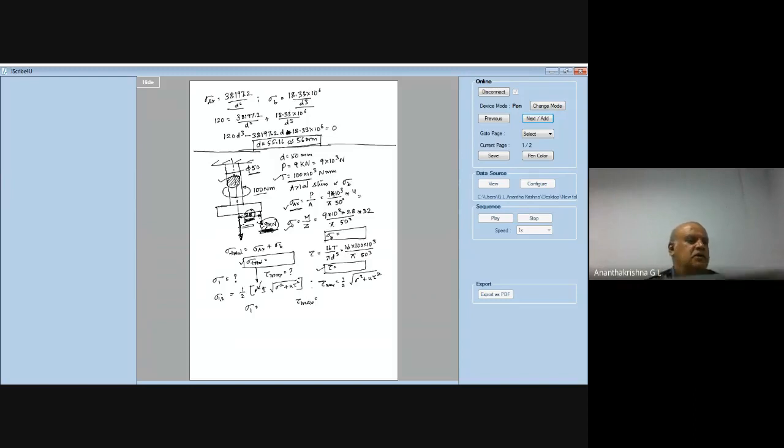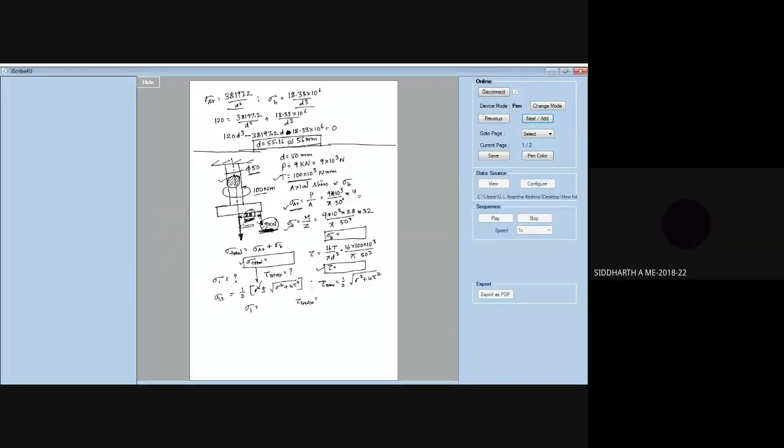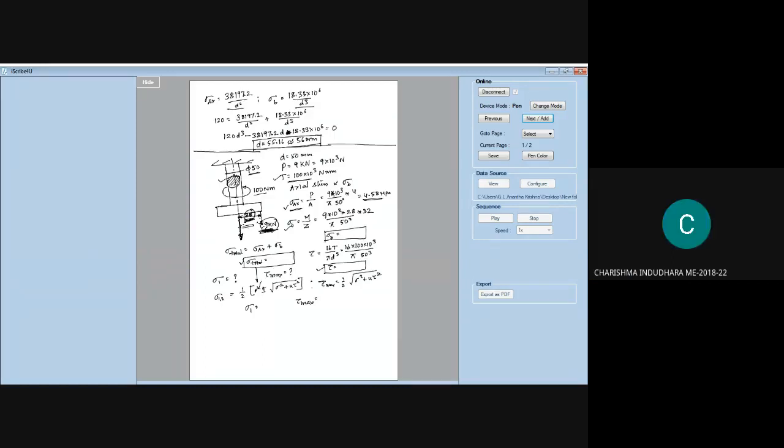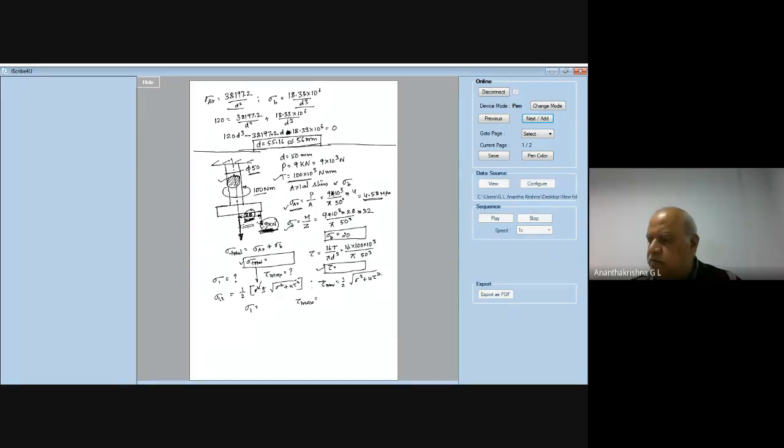Yeah, please let me know the answer. Sigma axial is how much? Sigma axial 4.58, sir. 4.58 megapascal. That's correct. Sigma bending, 20.53 megapascal. Excellent, that is correct.